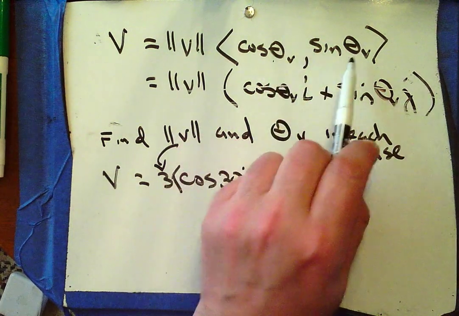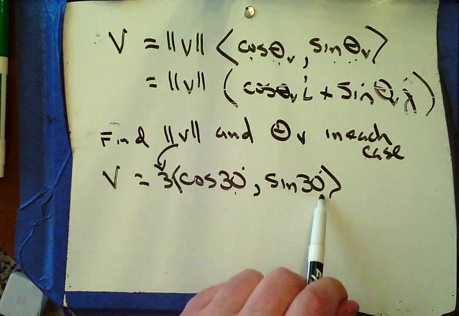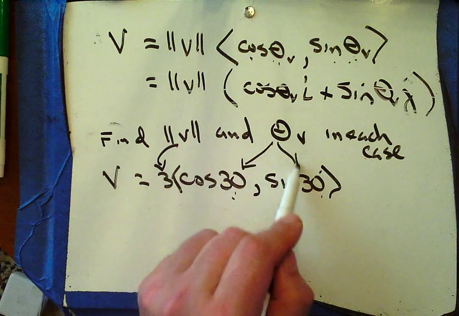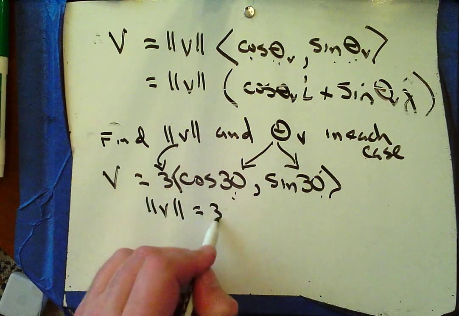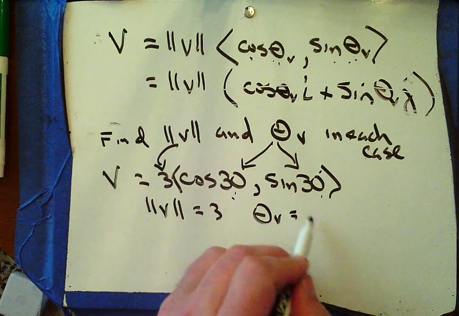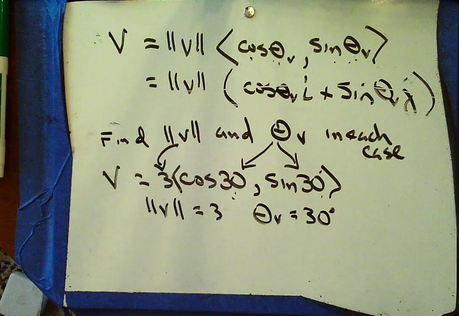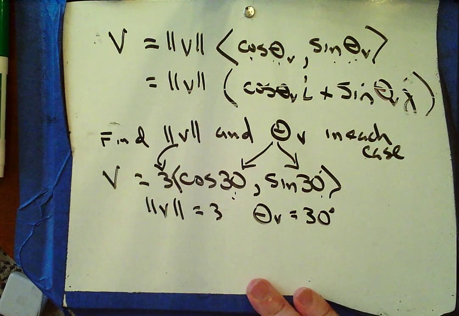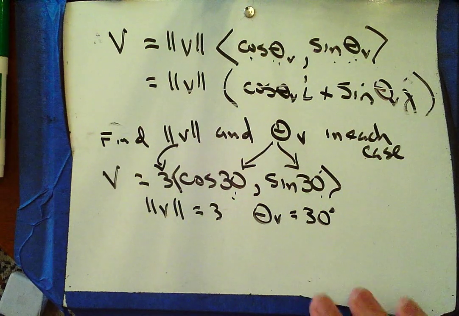Well, theta v is this angle that's in with the cosine and the sine. The angle that's in with the cosine and the sine is 30 degrees. So magnitude of v equals 3 and theta v equals 30 degrees. Like I said, vector math is really easy, but we really have to pay attention to the vocabulary and pay attention to what we're being asked.